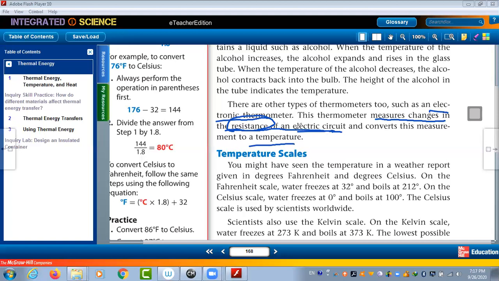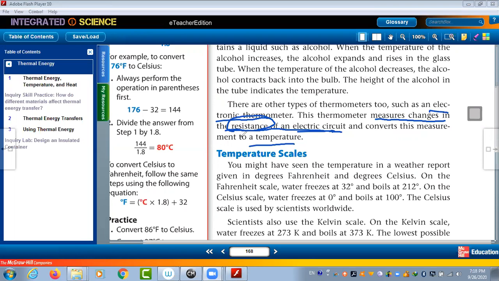So if they ask you what is the working idea of an electronic thermometer, we say it measures changes in the resistance of an electric circuit. The working idea of a bulb thermometer: when the temperature increases, the alcohol expands. When the temperature decreases, the alcohol contracts.